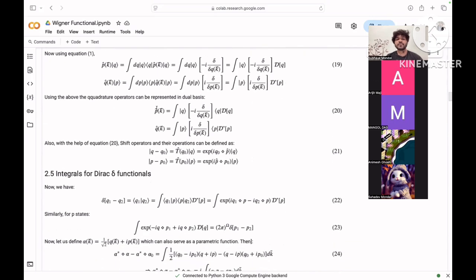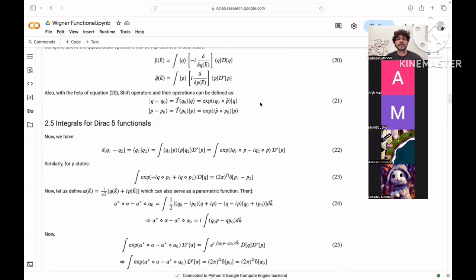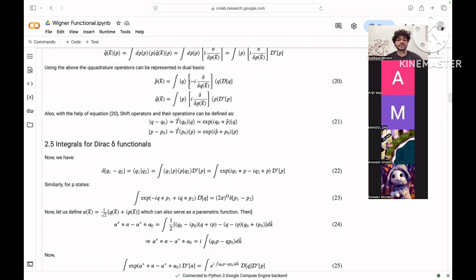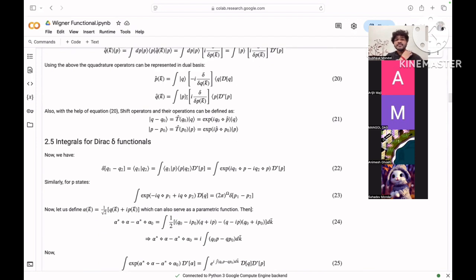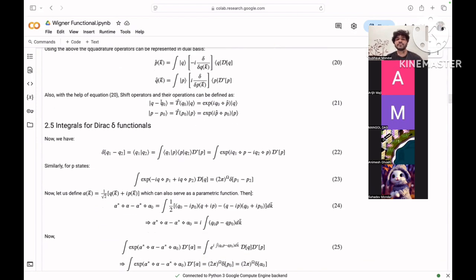And after that, from equation 19 we can represent the P and the Q operator like this. With this formalism, we can also define the shift operators and their actions like this one. Here we can notice that there is a shift of Q0 from Q, and that is mediated by the T operator here.